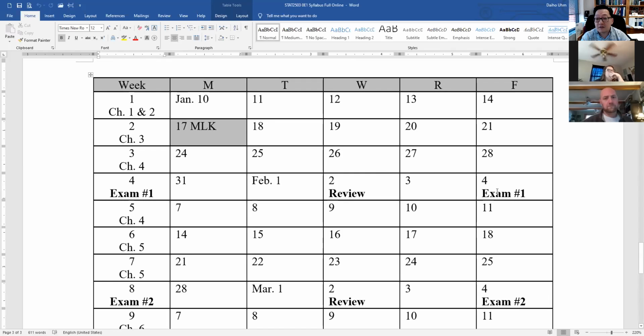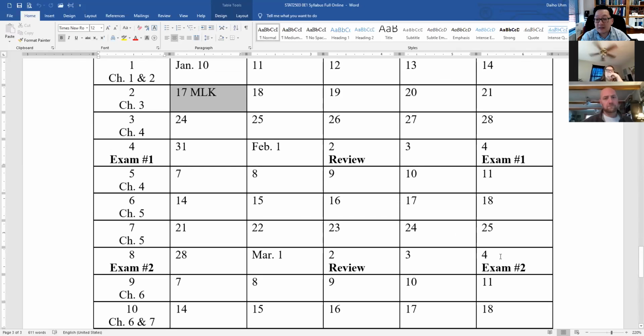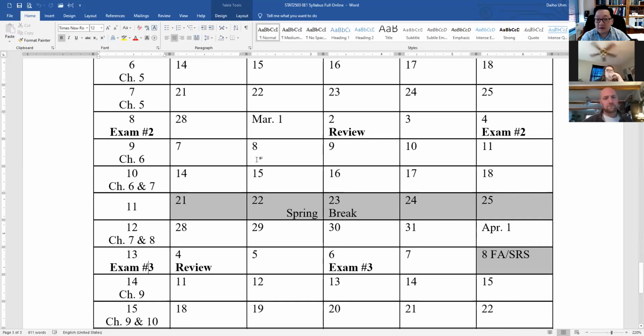So now the first exam will cover the lectures from Wednesday, January 12th, up to Monday the 31st. And the second exam will be from Monday, February 7th to the 28th, and then a review for the second exam. And the next exam is from Monday to Friday, April 1st.